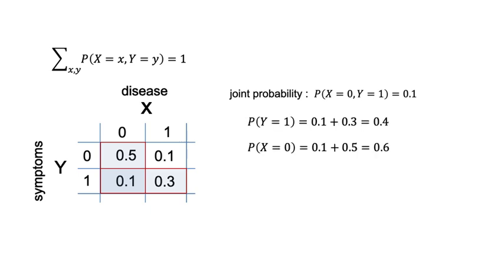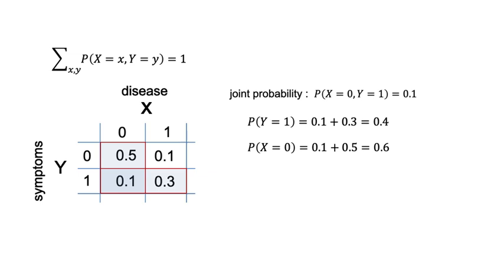So now the neat thing is, we can look at a whole row or a whole column, right? What's the probability that x is equal to 0? Well, there's two things that can happen in that case, right? X can be 0 and the person has no symptoms, or they do have symptoms.